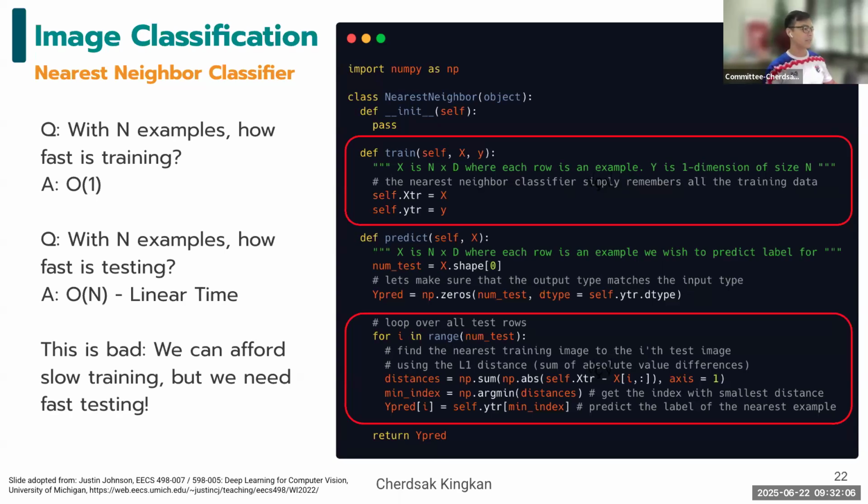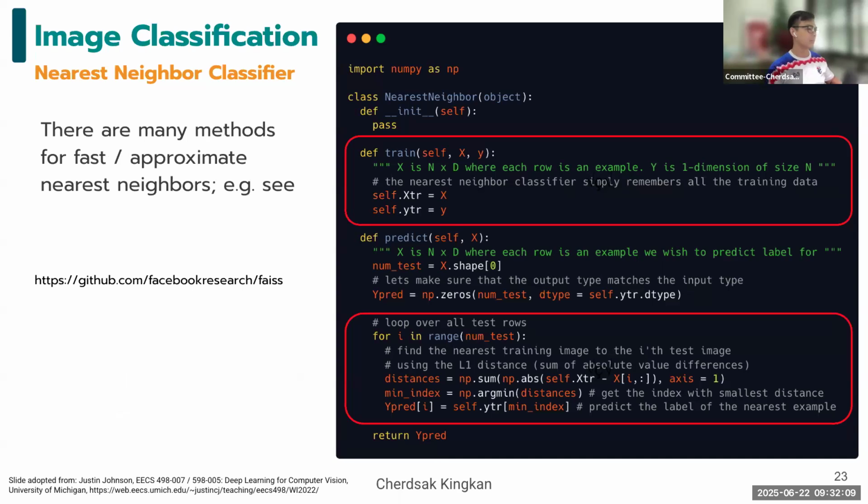All right. As you can see, the testing time of the nearest neighbor classifier is quite high. It goes up linearly with your training data set. But there are many methods that we can use for fast approximations, the approximate nearest neighbor. There are certain algorithms that can speed up this process.